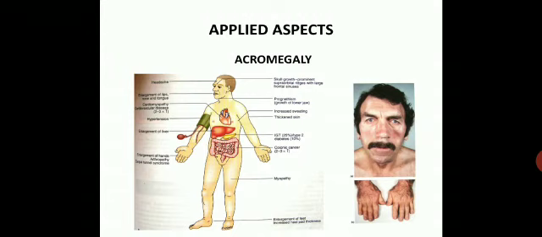In these persons, the chance of colonic cancer is 2 to 3 times more compared to normal persons, and cardiomyopathy or cardiovascular diseases will also be more common.